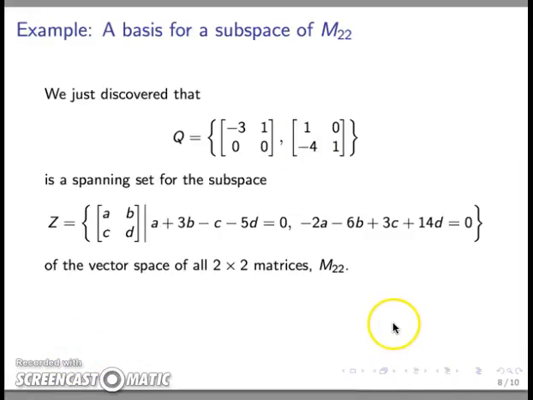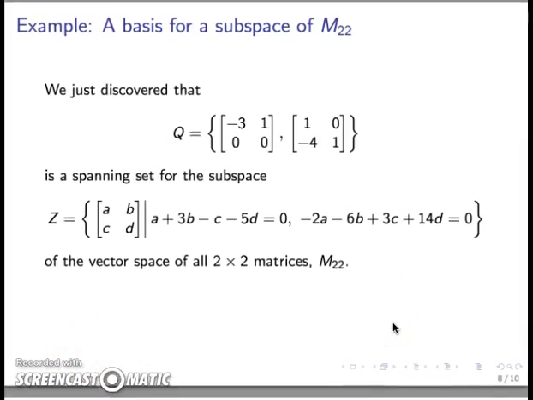So we can phrase this property as the following. Q is a spanning set, specifically a spanning set for the subspace Z of M22, defined by matrices whose entries satisfy these equations, considered a homogeneous system of equations. And so Q is a set that has the spanning property.